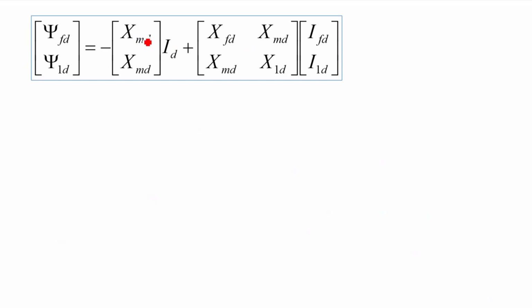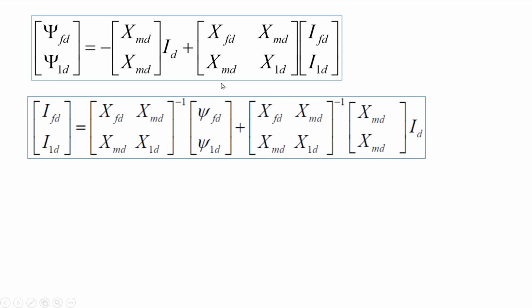So I can write XMD into ID plus XFD, XMD, X1D into IFD and I1D. In order to find out IFD and I1D from this equation, I will just take the inverse of this matrix and multiply throughout the equation. So I'll get this equation, and it will give me IFD and I1D.